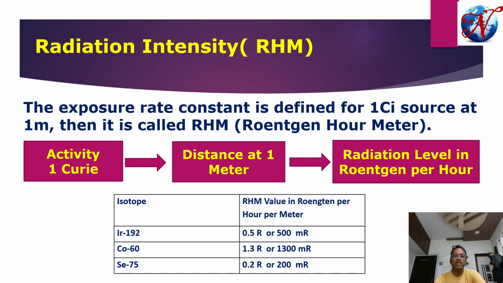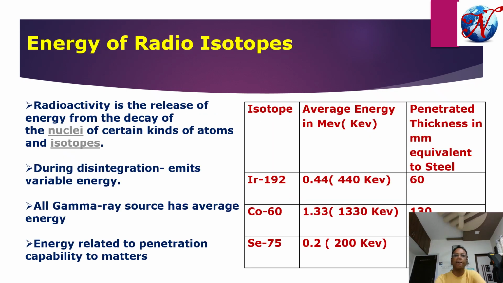The RHM values indicate the radiation intensity at 1 meter distance from a 1 Curie source. Iridium 192 has an RHM value of 0.5 R, equivalent to 500 milliroentgen. Cobalt 60 is 1.3 R, equivalent to 1300 milliroentgen. Selenium 75 is equivalent to 200 milliroentgen.